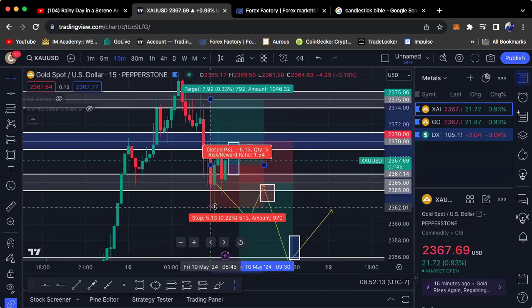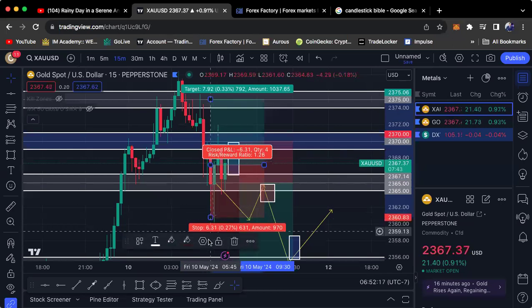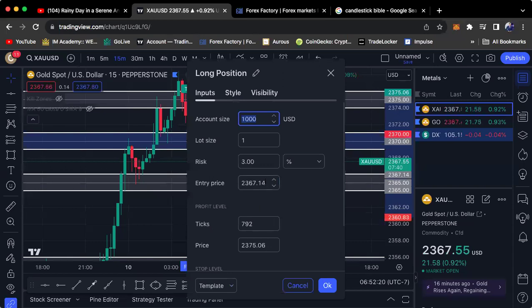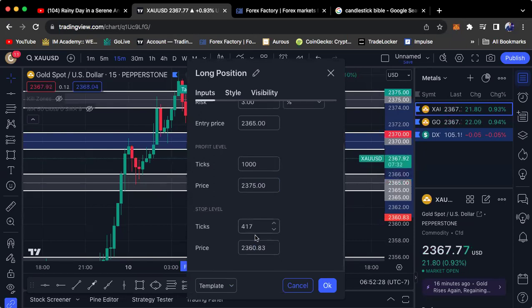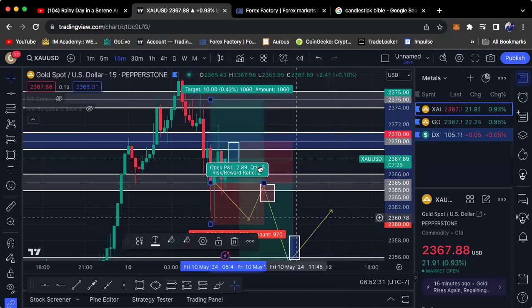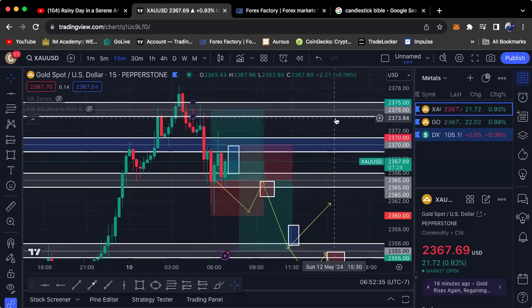Stop loss can be 23, 23.60. 23.75 is my take profit too. That's a 1 to 2 risk reward.